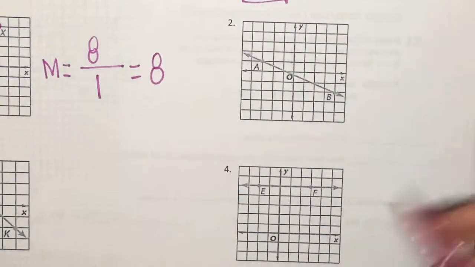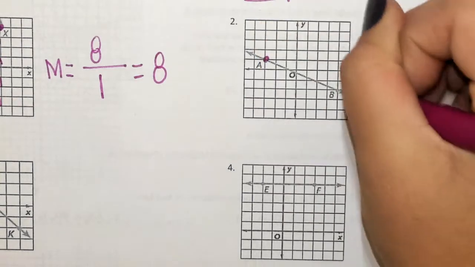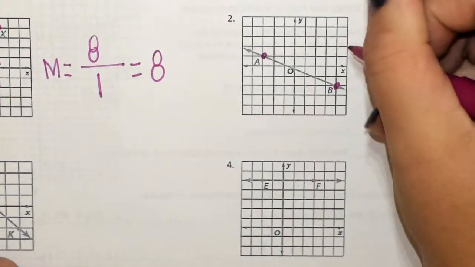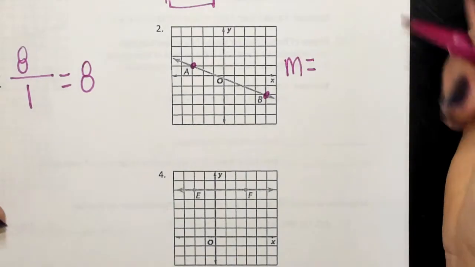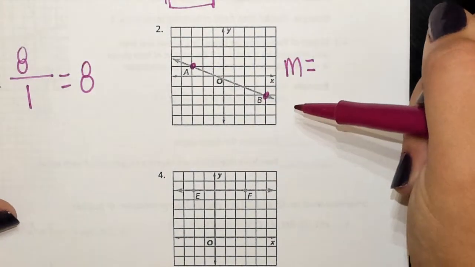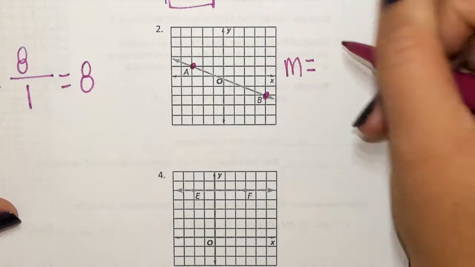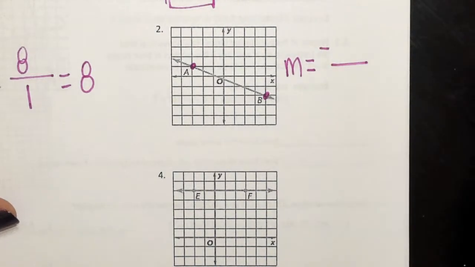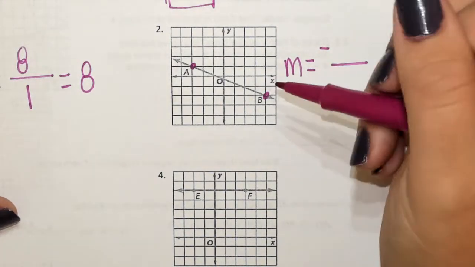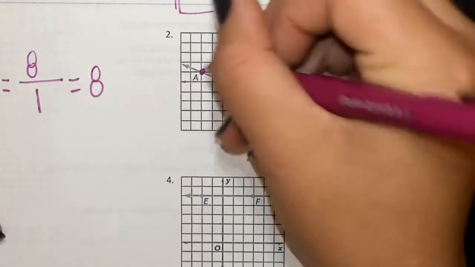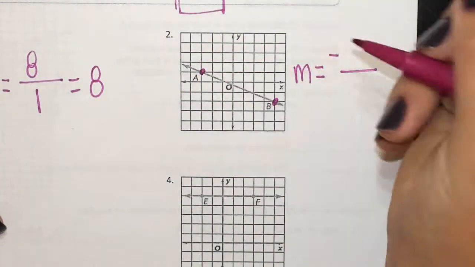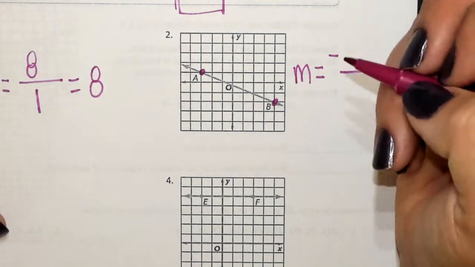Okay, number 2. Here's point A, here's point B. Now, here's the thing about this slope. What kind of slope is it? It's negative. So you have to put a negative in front of your slope. So your rise, technically you're going down. So count the rise or the downfall from A to B. How many boxes are there?